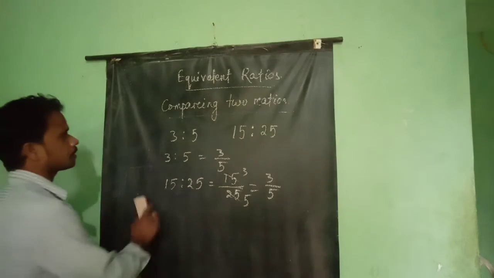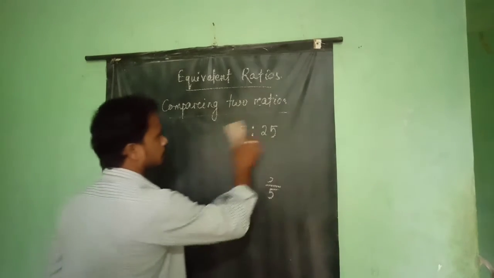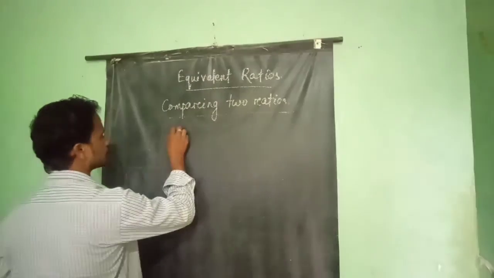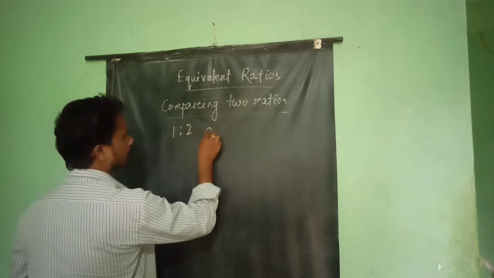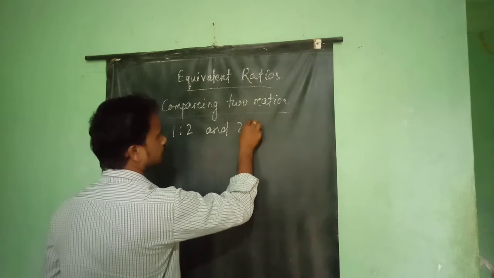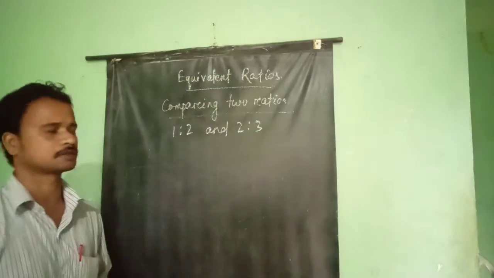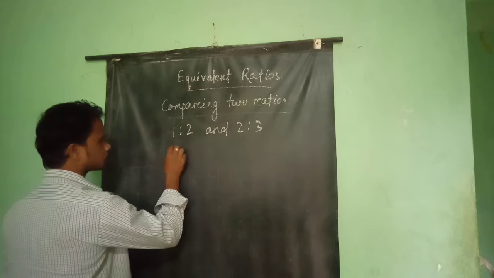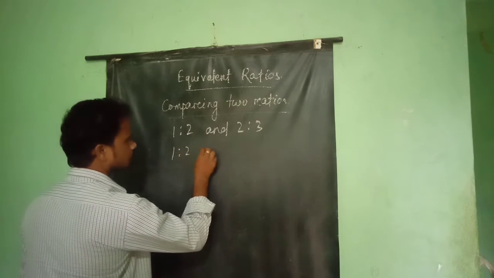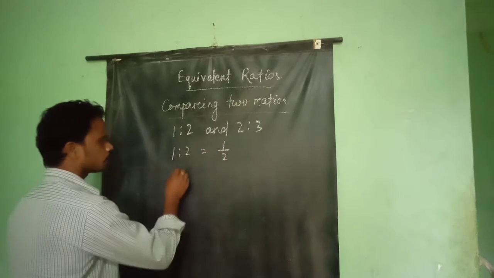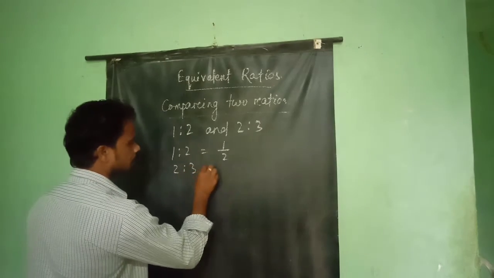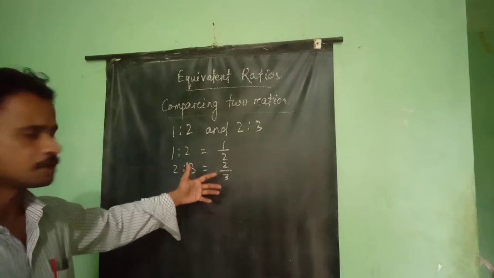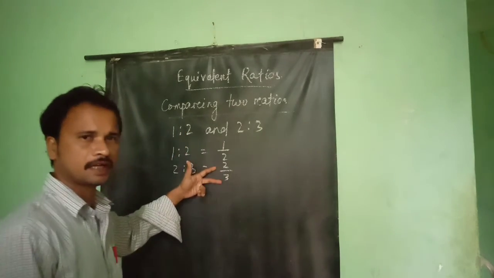अभी और एक एग्जाम्पल ऐसे ही देखते हैं। सपोज हमें दिया गया है क्वेश्चन 1:2 and 2:3. These are equivalent or not? हम देखते हैं 1:2 is equal to, we can say 1/2, and 2:3 is equal to, we can say 2/3, and they are not equal. 1/2 and 2/3, are they equal?